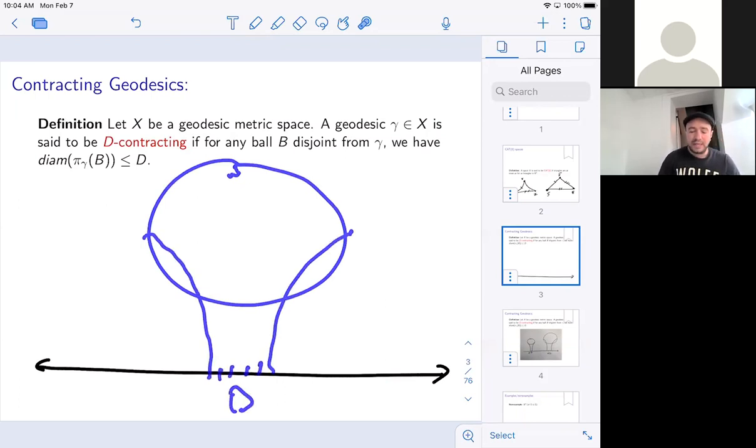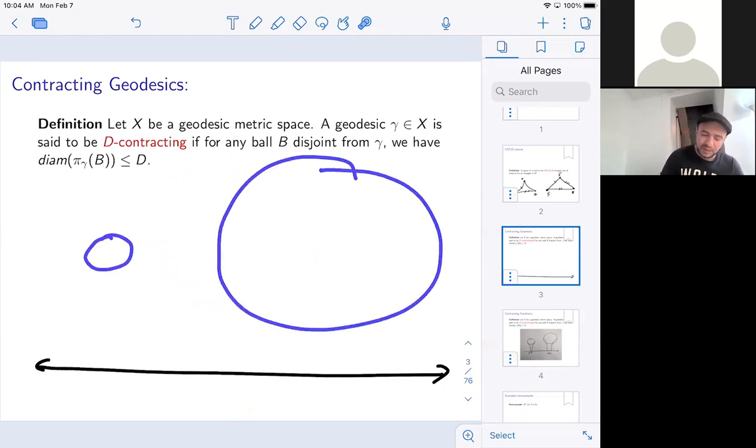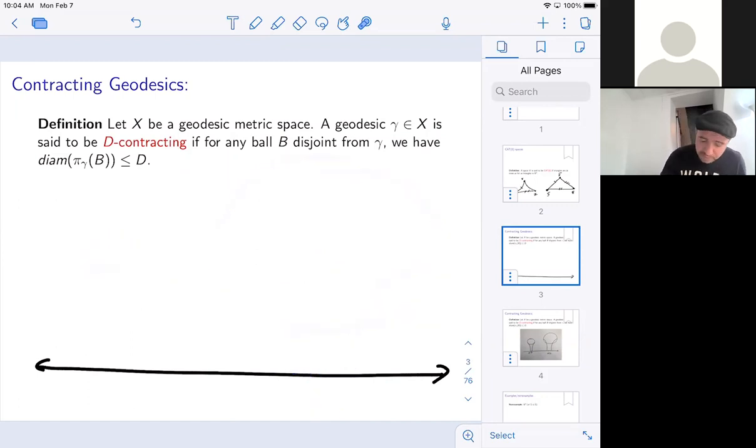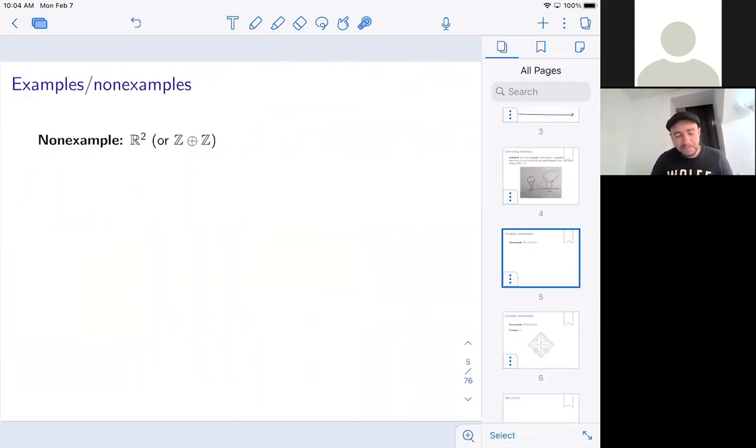So you take any ball that you want, small or large, doesn't matter. As long as it's disjoint from the line, we want its nearest point projection to have diameter at most d. That's what it means for a geodesic ray or line to be contracting. This is the picture we just discussed.